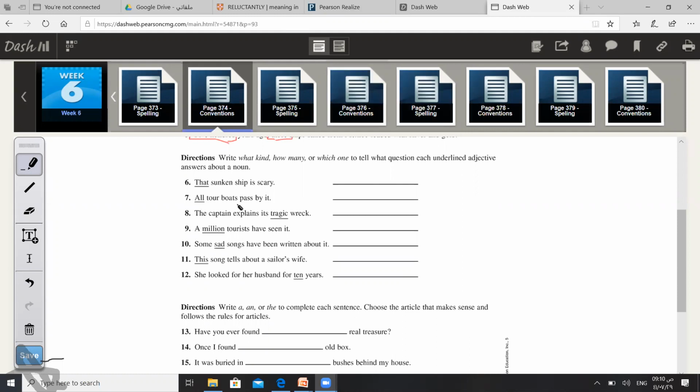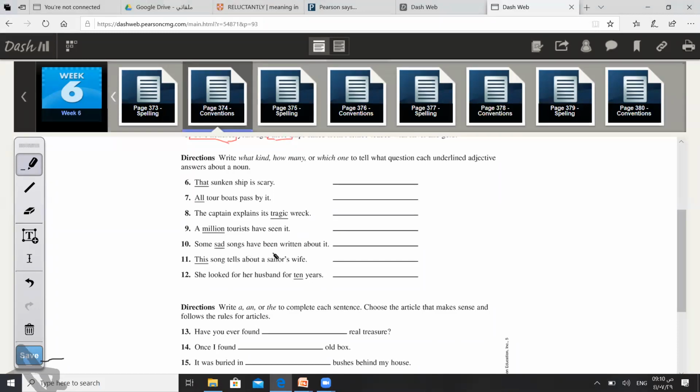Okay. Now, we don't have time, only 10 minutes. "All tour boats pass by." How many? We ask how many for "all." "The captain explains its tragic wreck." What kind? Exactly. "A million tourists have seen it." How many? Million.